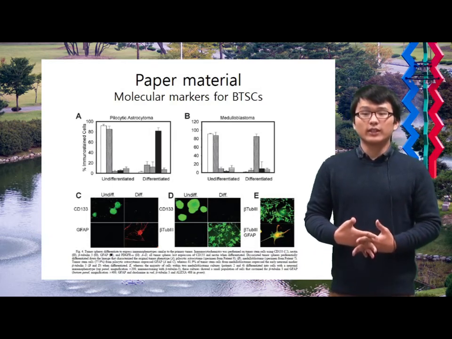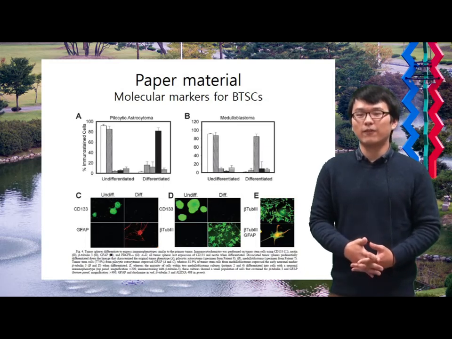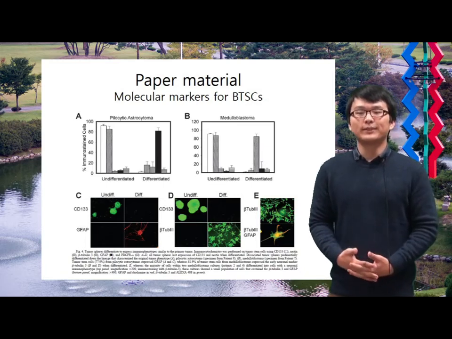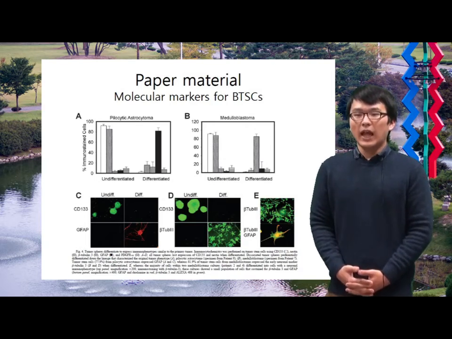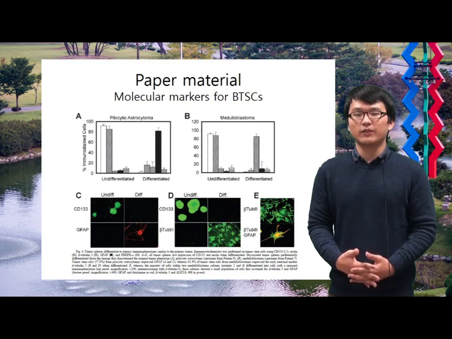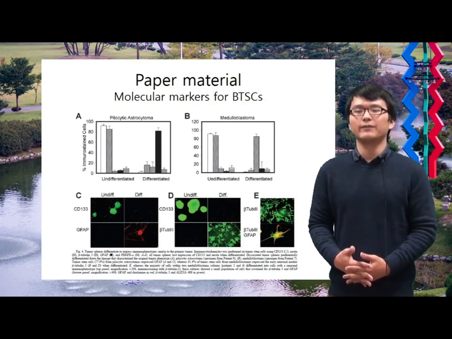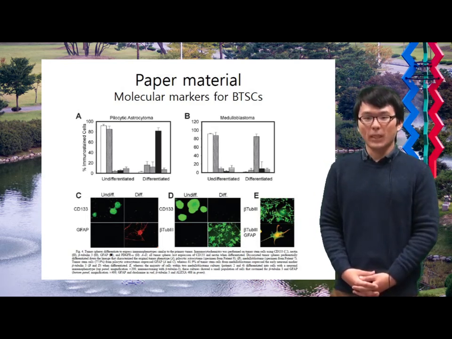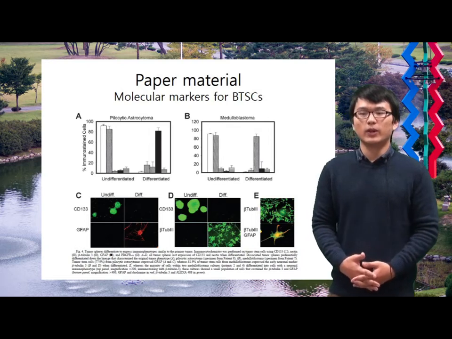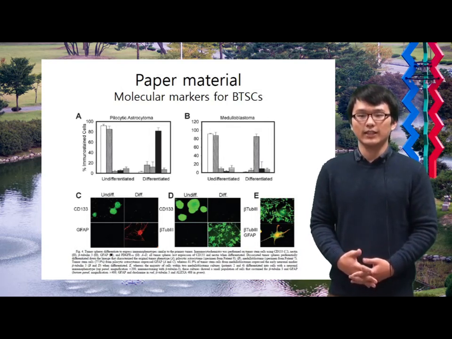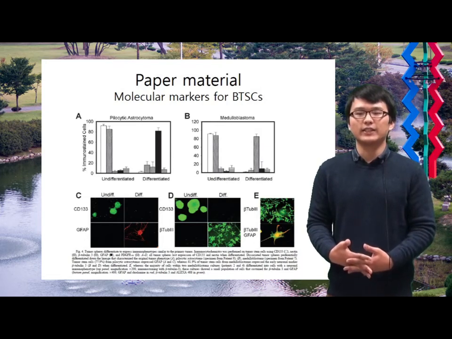After they sorted the CD133 positive primary medulloblastoma cells with flow cytometry, tumor sphere formation and proliferation capacity were checked. And they found there's a huge difference between CD133 positive and CD133 negative cells. The difference among normal neural stem cells, CD133 positive cells, and CD133 negative cells was also investigated.